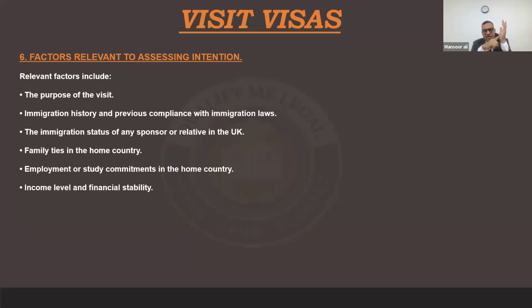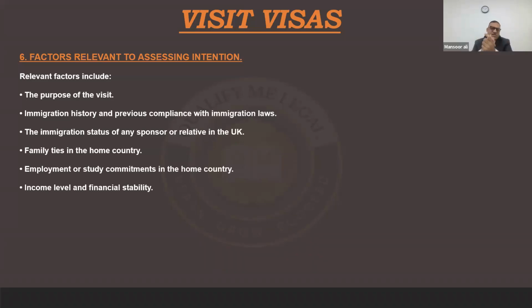And you can inform the Home Office that I have siblings back in my home country. I spent my whole life in my home country. I have my wife back in my home country. I have my parents. I have my childhood friends. All of my ties are back in my home country. These are the things which we need to inform the Home Office in order to establish certain ties. So these are the criteria for a standard visa.